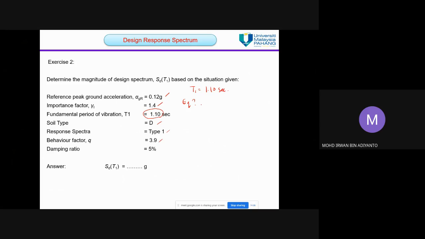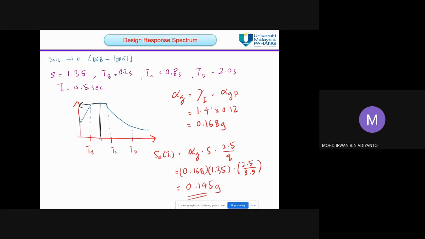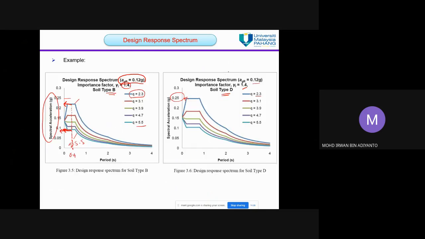So, which equation do we have to use? Because the T1 now is located beyond the TC. Okay, the TC is 0.8. So, T1 is greater than TC. However, it is lower than TD. Okay, lower than 2.0 second. So, which equation do we have to use?